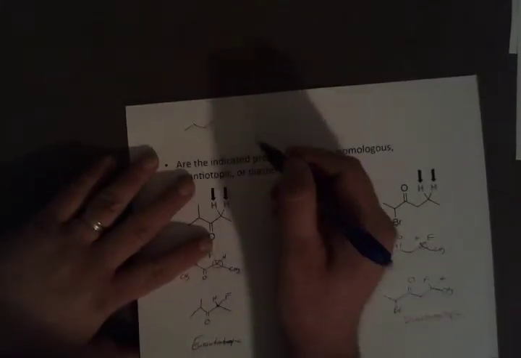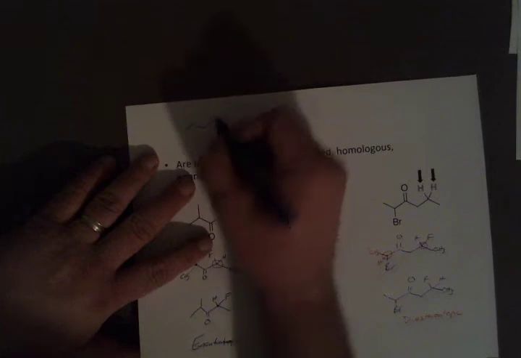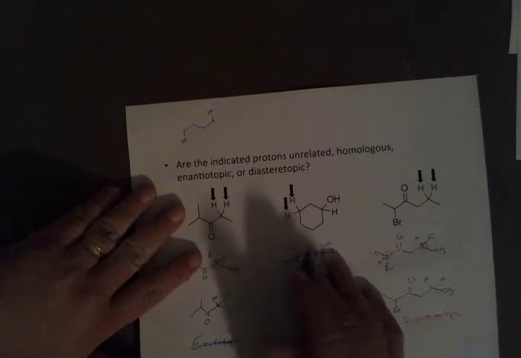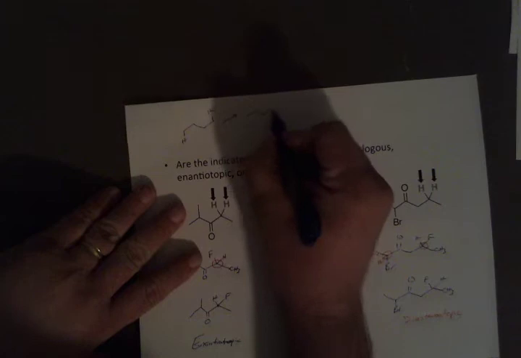Okay? So if you had something like this, a hydrogen here and a hydrogen here, you would pick this out, put a fluorine there, the hydrogen there.